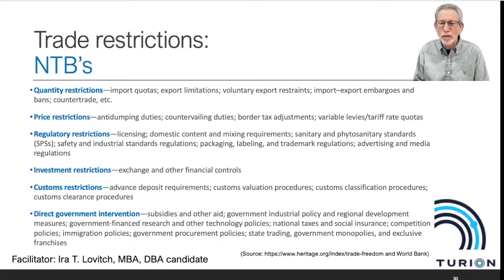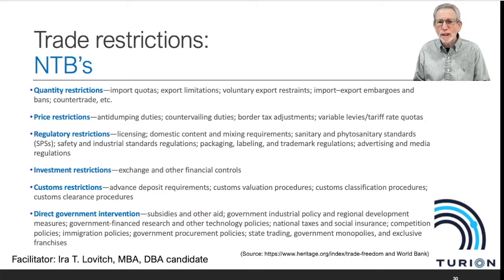Investment restrictions, producing financial records can be burdensome. Basic customs restrictions that slow down the import of items, or even that classification I mentioned to you earlier. It's not just a shirt, but what's the composition? Is it cotton? Is it polyester? Is it a cotton poly blend? These types of restrictions make it more difficult for imports to happen.